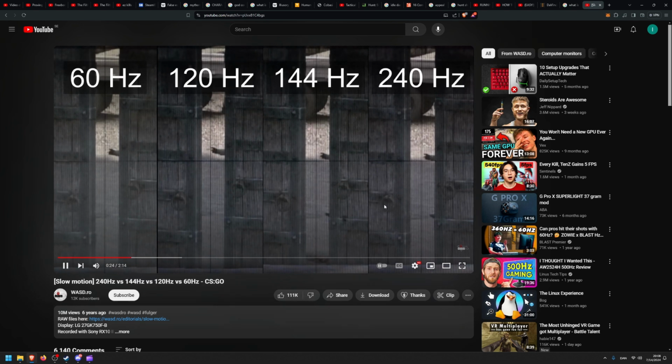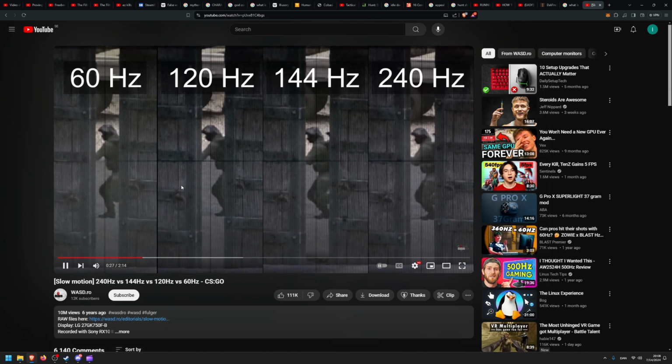So you can see here, the line is the exact same. It might actually just be 4 different recordings, where you can see the amount of updates that's happening, aka frames per second, is different. That's the only difference.